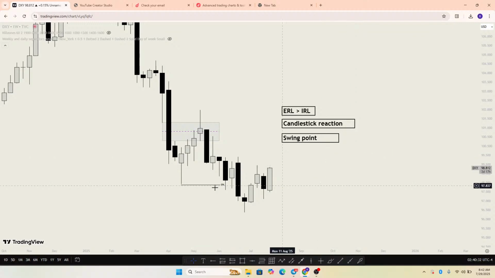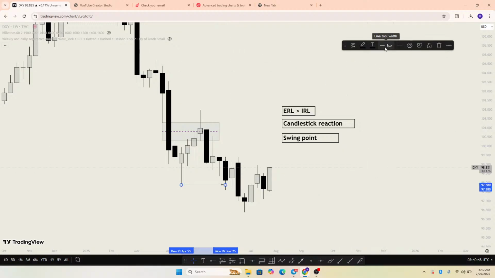And now we'll be seeking internal range liquidity, but remember I told us that we have to also look at the candlestick reaction. When price took out this external range liquidity, let me increase the size.